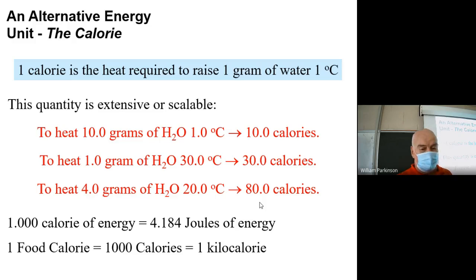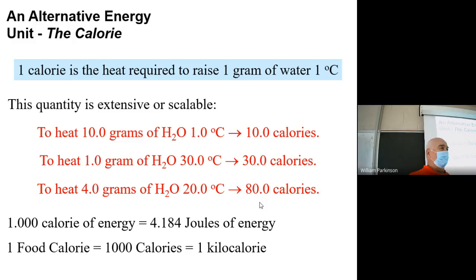So in the food industry, we multiply that by 1,000. 1 food calorie is actually a kcal, or 1,000 of these units I'm talking about. So in food calories, you have to take 1,000 grams of water and raise it 1 degree C.